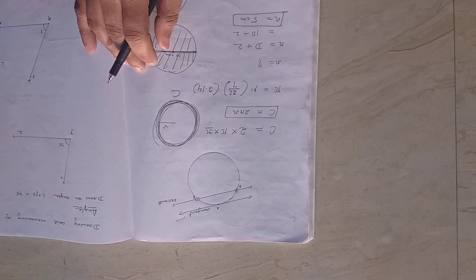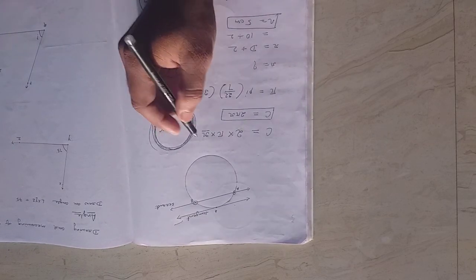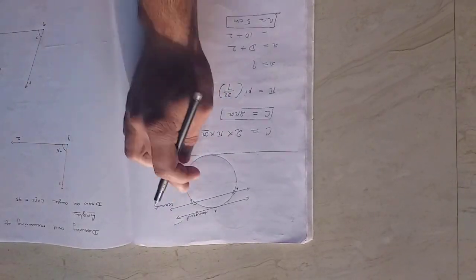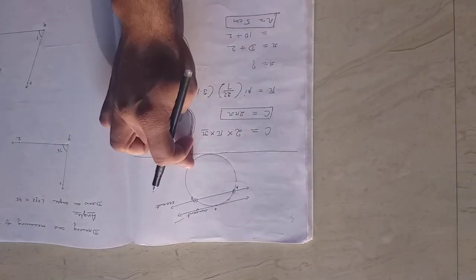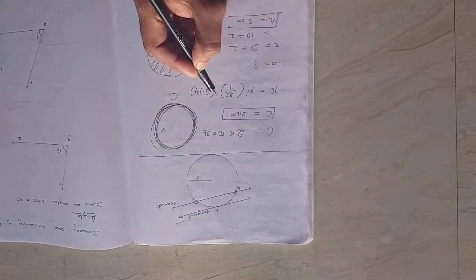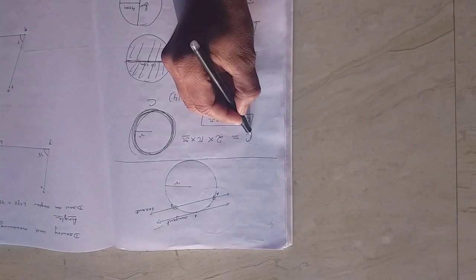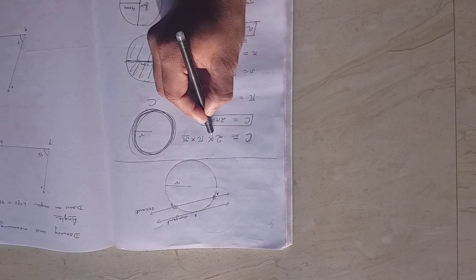Okay. So now the mathematical part is how we can find out the length of this entire path, if we know the value of the radius. So for that we have the formula. C is represented by the circumference, equals 2 multiply pi.